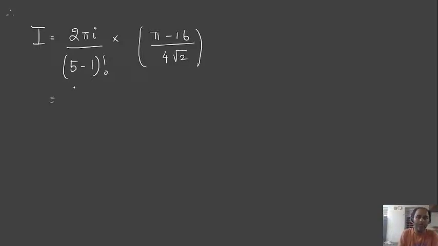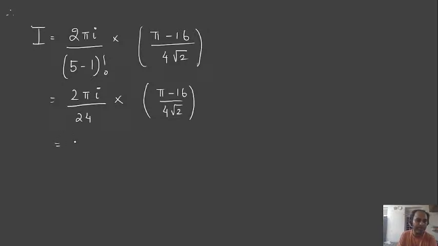Now with 2 pi i, some cancellations will happen. This is 4 factorial. So 4 factorial is going to be how much? 4 into 3 into 2, that is 24, times pi minus 16 over 4 root 2.